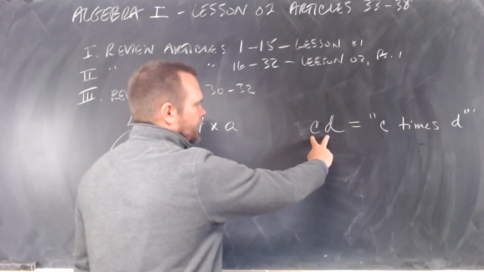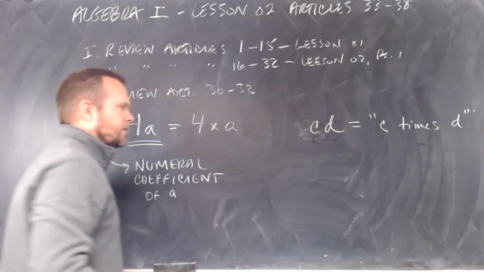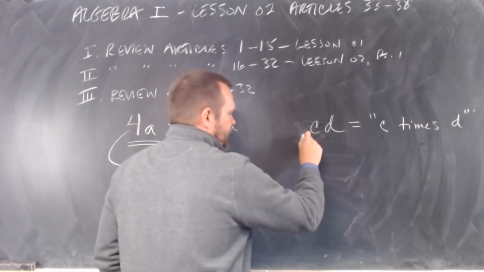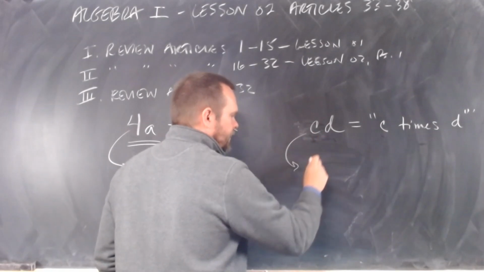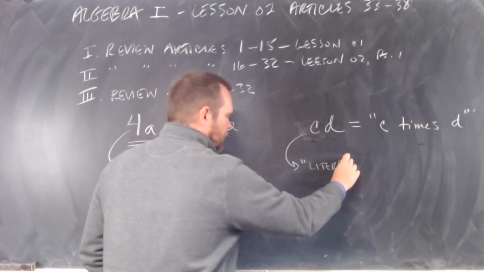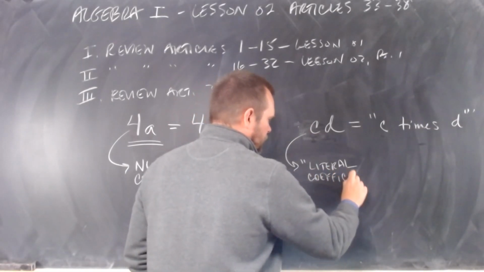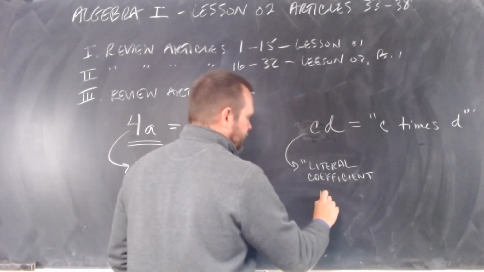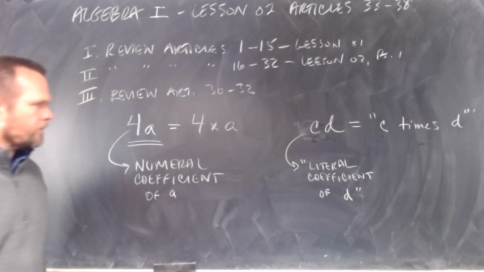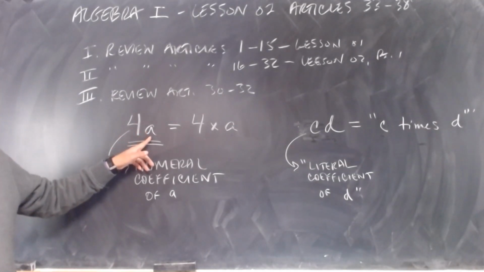CD means C times D, or the quantity C times the quantity D. In this expression, C is the literal coefficient of D. Here, 4 and A are coefficients.